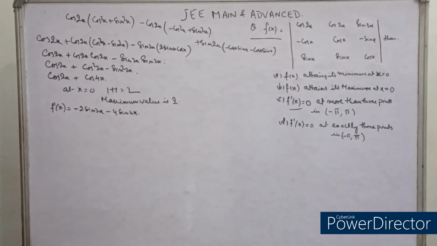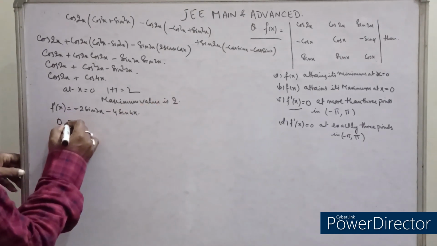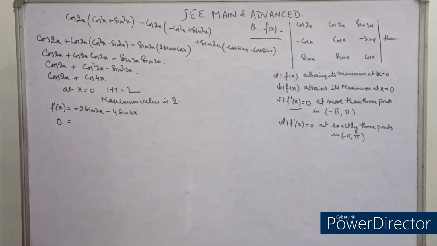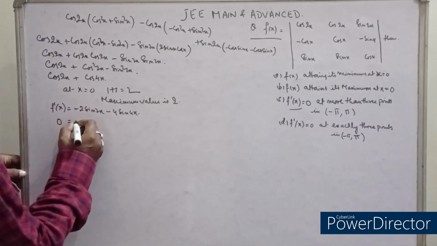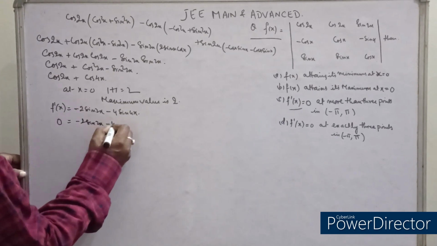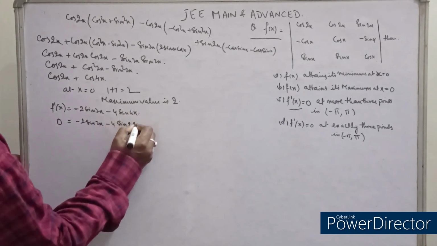So now this is 0 as per your question, so this is minus 2 sin 2x minus 4, and this is sin 2 into 2x.